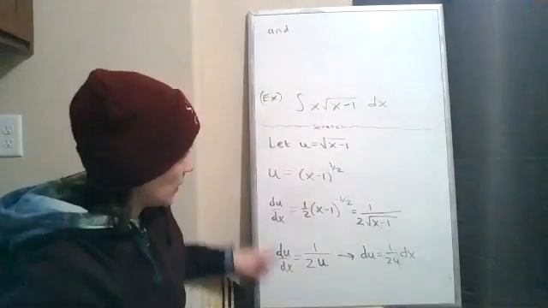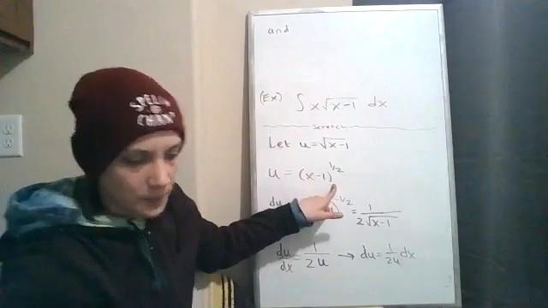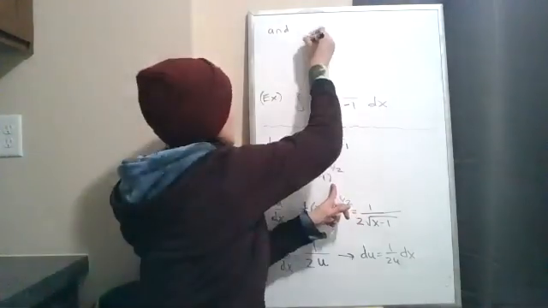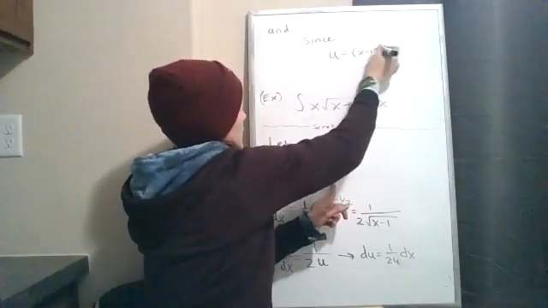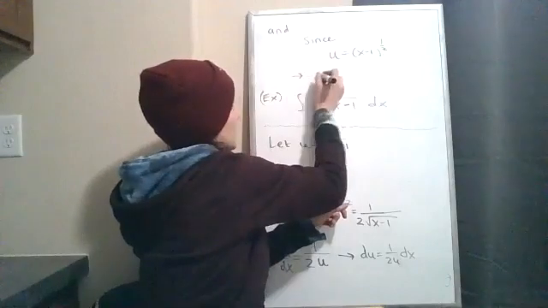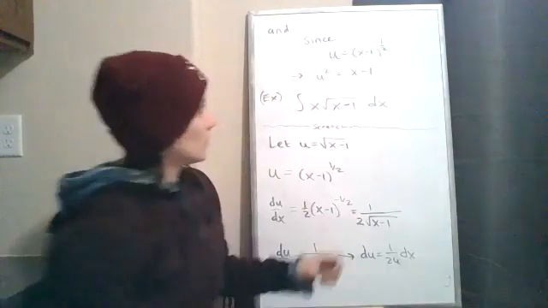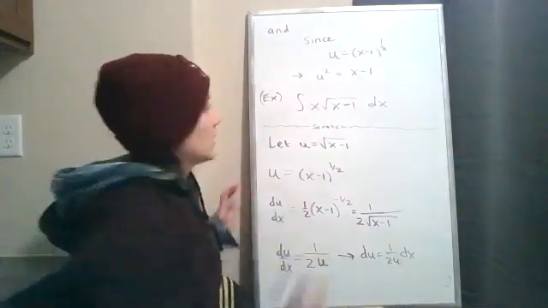Okay, I put that u equals x minus 1 to the 1/2 power. And I squared both sides and solved for x.